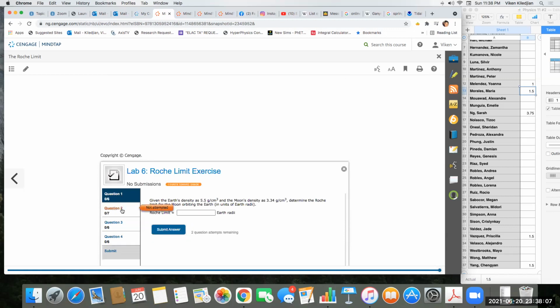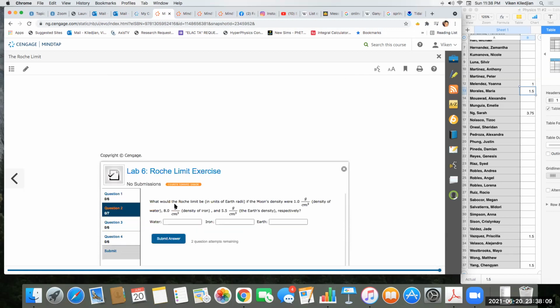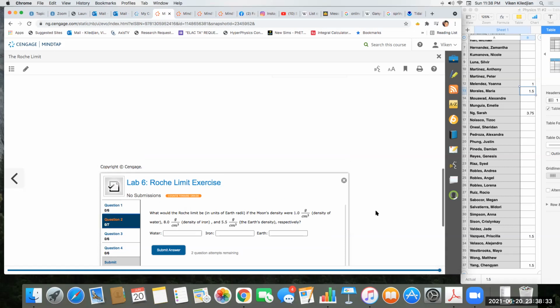So then question 2, what would the Roche limit be in units of Earth radii if the moon's density were 1, density of water, 8, density of iron, and 5.5, the density of the Earth, respectively. Oh, so what they're doing here is keeping the density of the Earth the same.